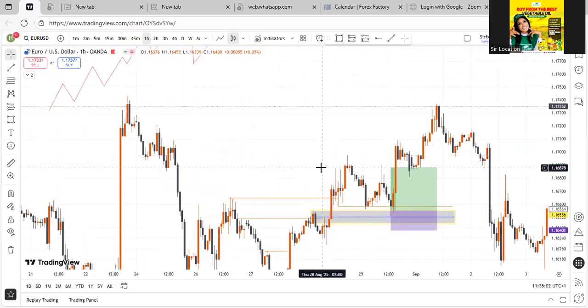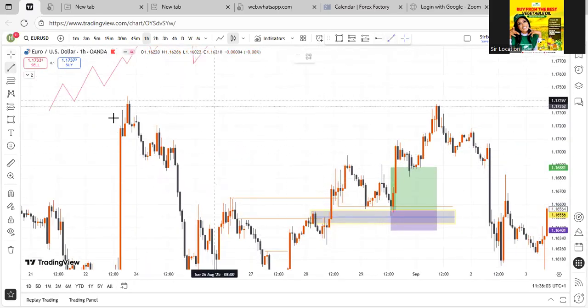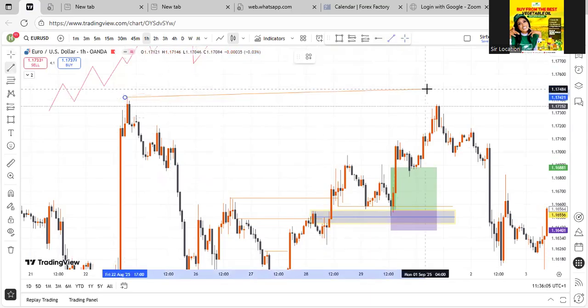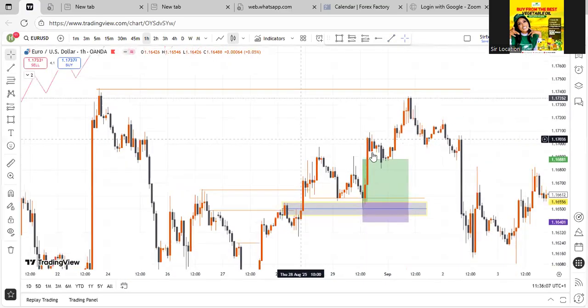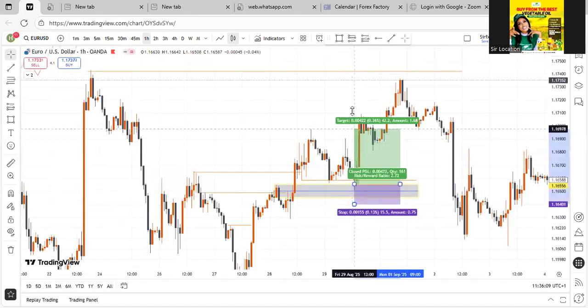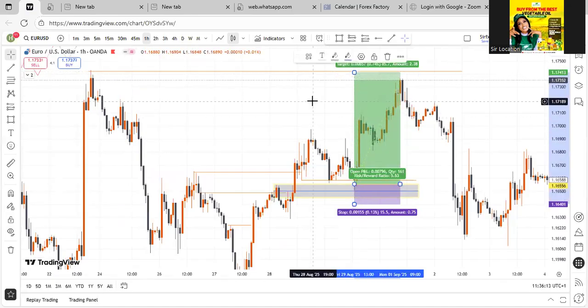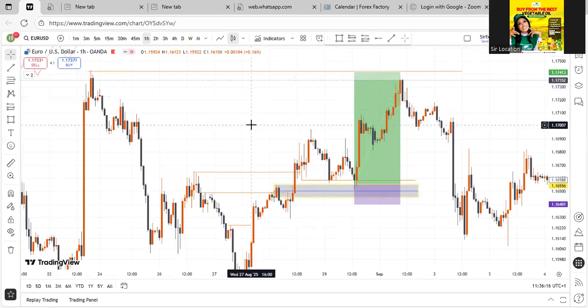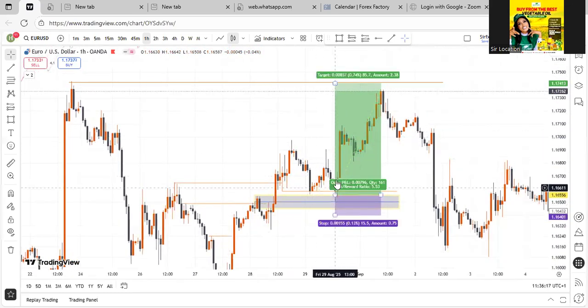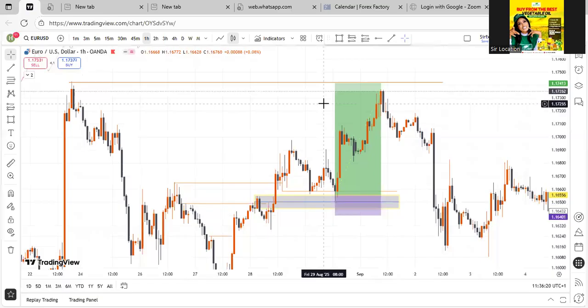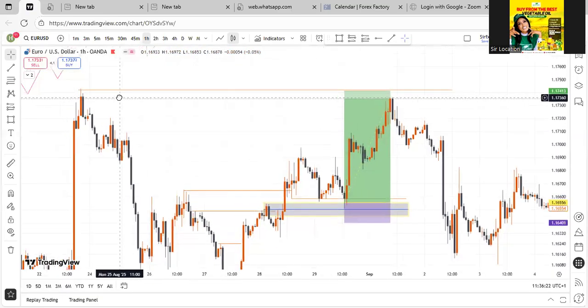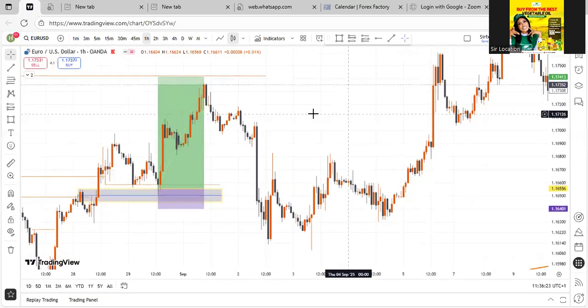Then, what is your profit target? The overall high. Now you could see what's happening. You could see what happened here when the market was going. Now you could see the market was unable to take out this high.